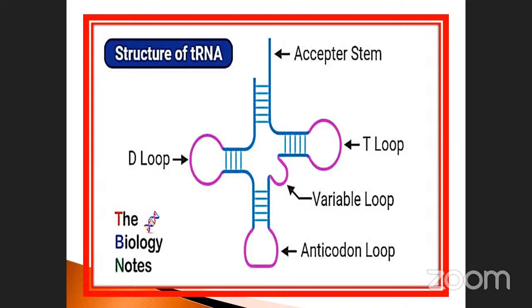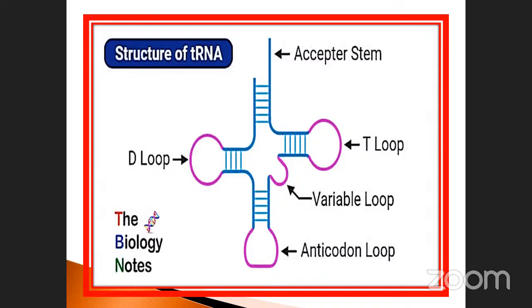There is also a small protruding structure between the T loop and the anticodon loop, called the variable loop. It's a small extension. So how many arms are there? The acceptor arm, T arm, variable arm, anticodon arm, and also the D loop. The anticodon arm is connected with the messenger RNA with the triplet codon.